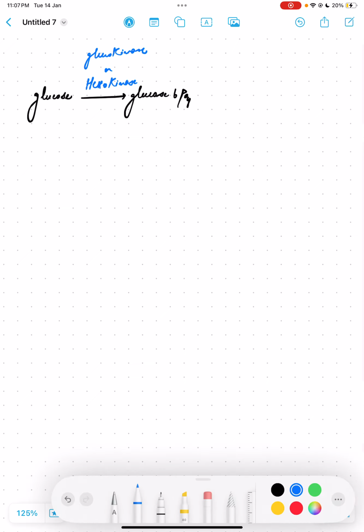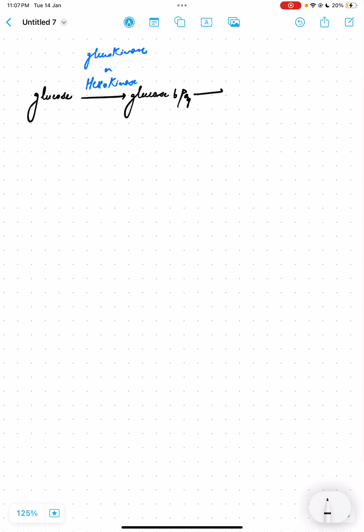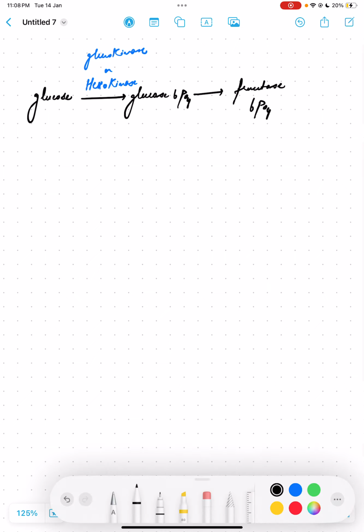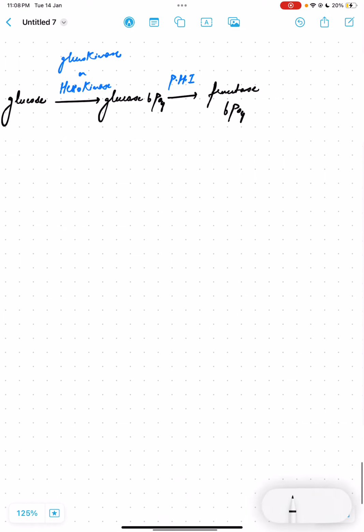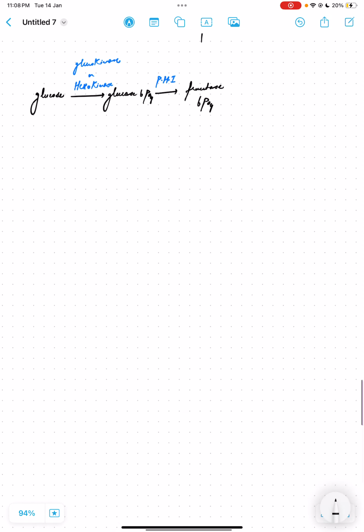Then glucose 6-phosphate is converted to fructose 6-phosphate with the help of the enzyme phosphohexoisomerase. Let me mention here, phosphohexoisomerase.